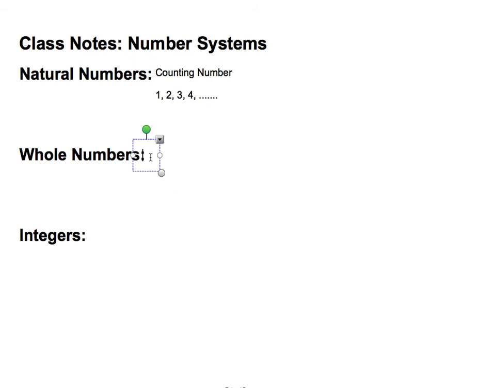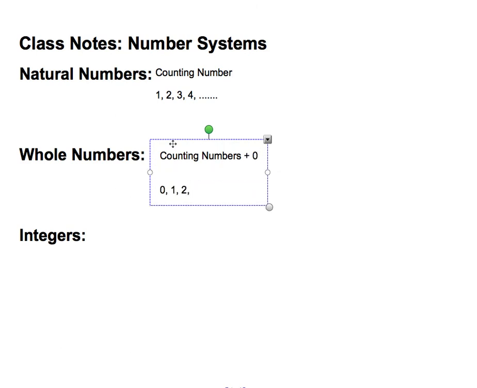Then we needed a number that represented nothing. So we thought we got all of them. The whole numbers are the counting numbers, and then we add in the 0. So there's 0, 1, 2, 3, 4, and continuing on. And then negative numbers became of interest to us.